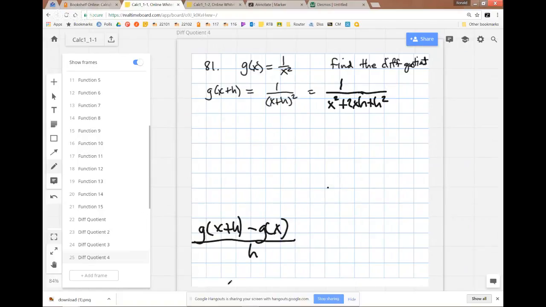So now I want to take that and subtract the original function, which is 1 over x squared. And then, of course, I have to eventually put that all over h, right? Because I'm trying to get to that model down there on the bottom.